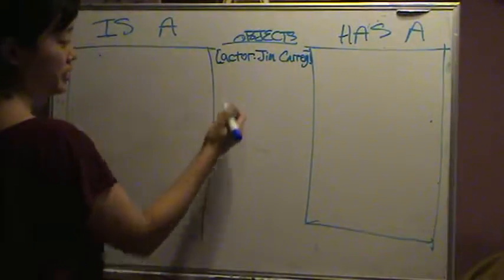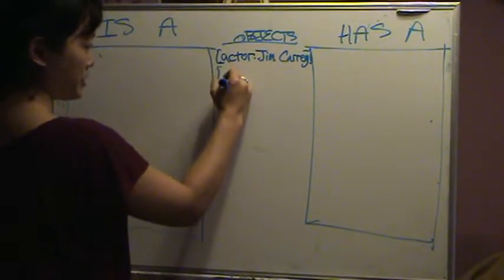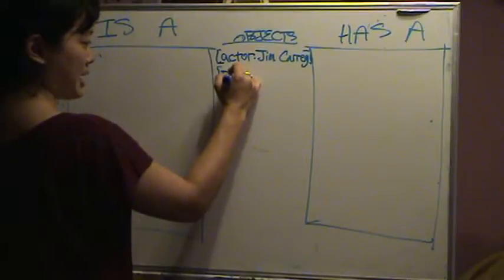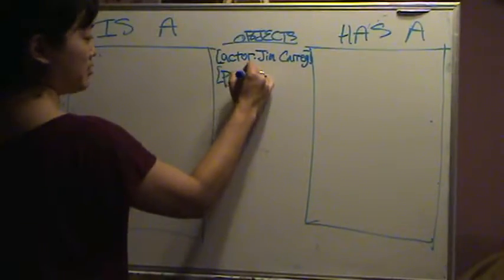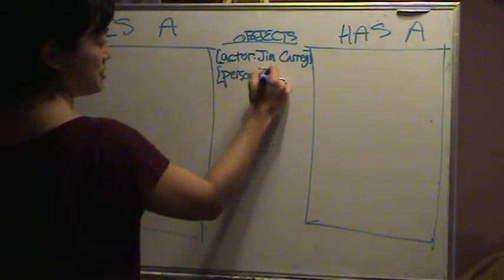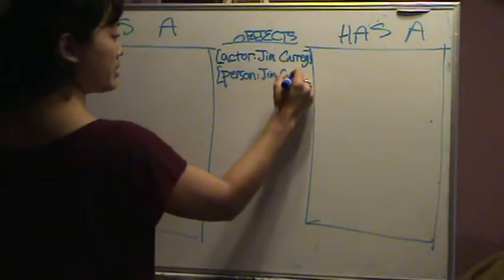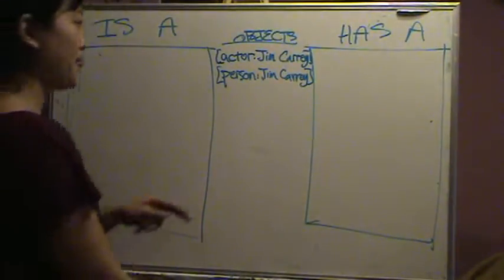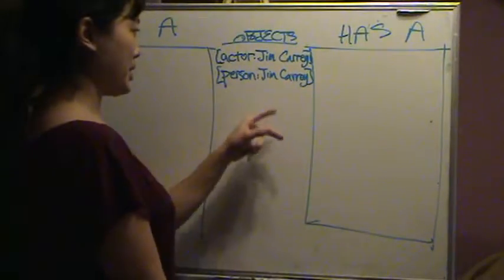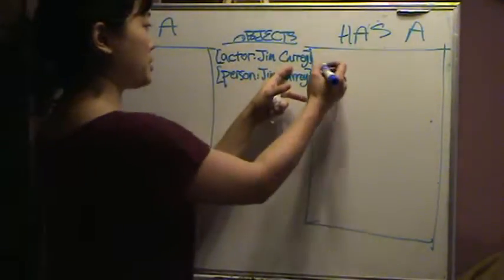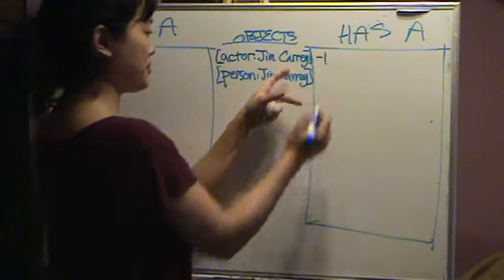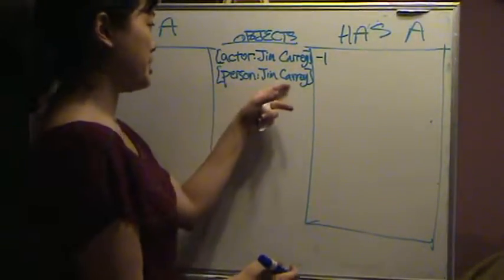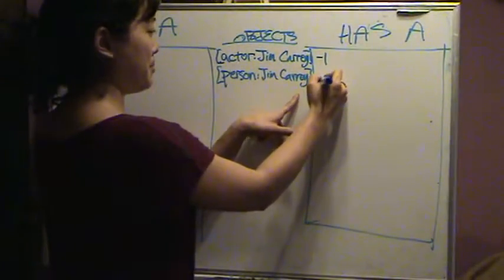Alright, and we had already said that actor has a property of a person, which is Jim Carrey. So that's going to go in our has a table, and our tail is going to be actor Jim Carrey to person Jim Carrey.